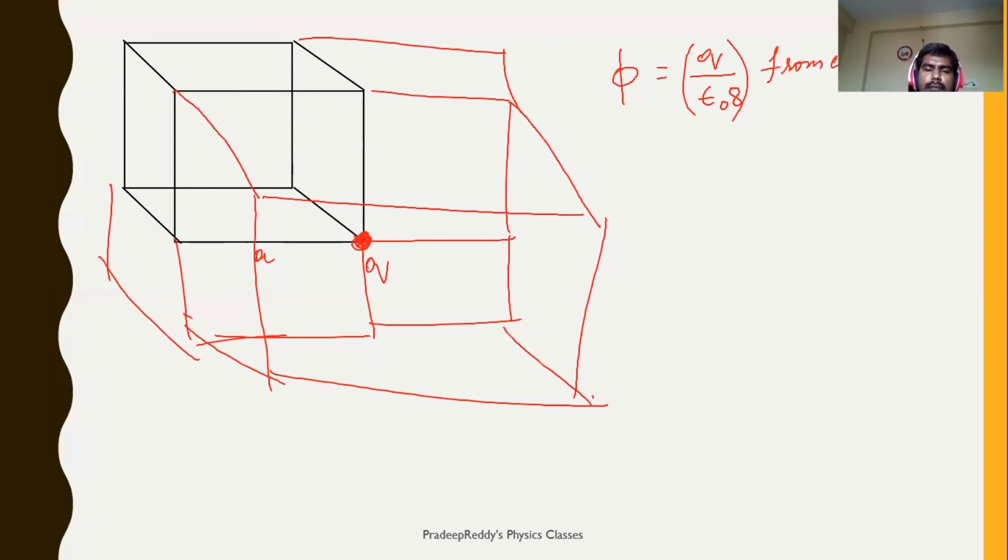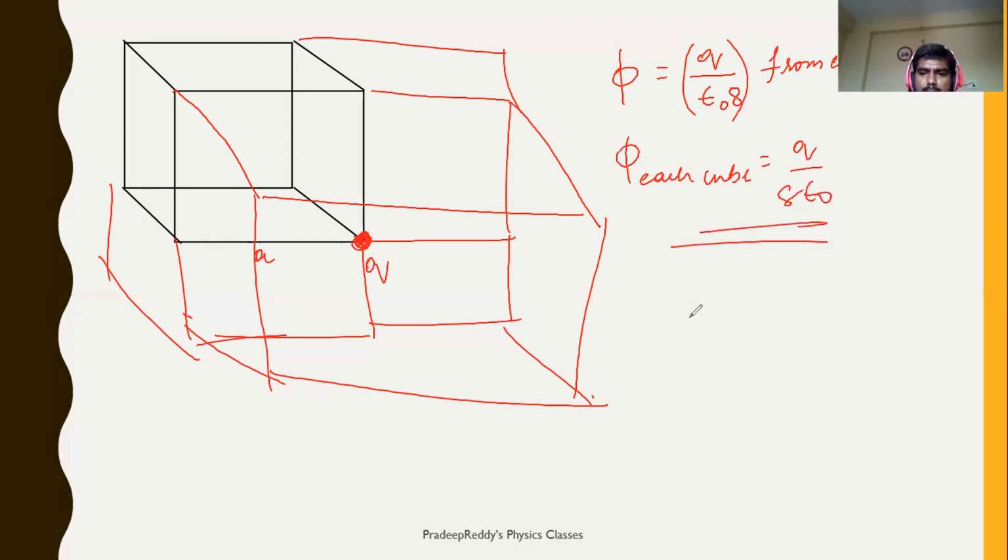It's a very simple example. If we are finding flux passing through only this black color cube, we cannot apply Gauss law for this, because charge Q is not enclosed. In order to enclose this, we need 8 such cubes. So each cube will be sharing an 8th portion of the flux. Therefore, flux through each cube is equal to Q divided by 8 epsilon naught.